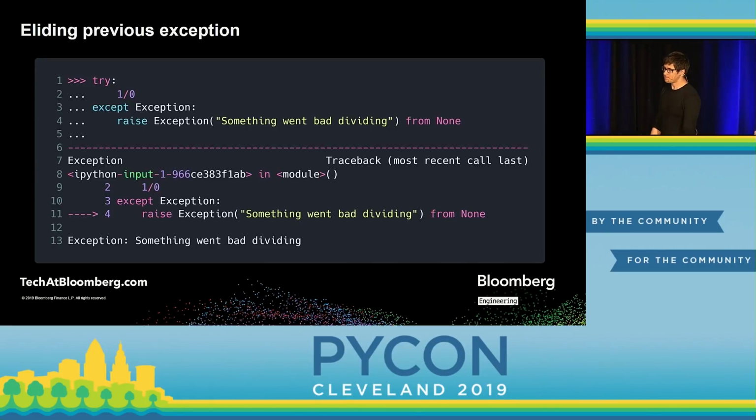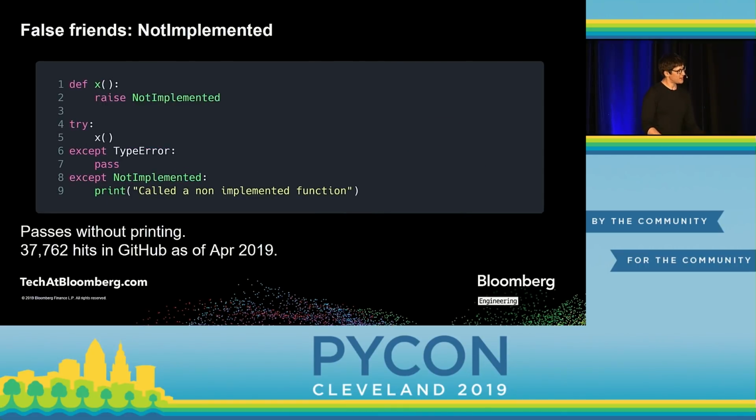Now, something that you see a lot, and I mean a lot, not that it's worrying, but I'm sure that if you look in your source code, you would find some of those. NotImplemented is not an exception. NotImplemented is something that you use when you're implementing operators for your classes.